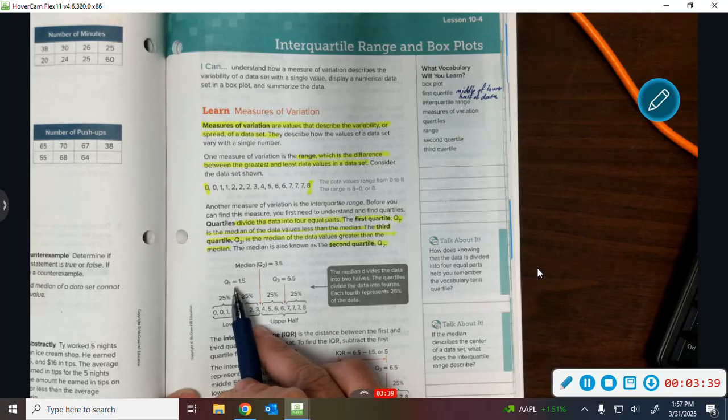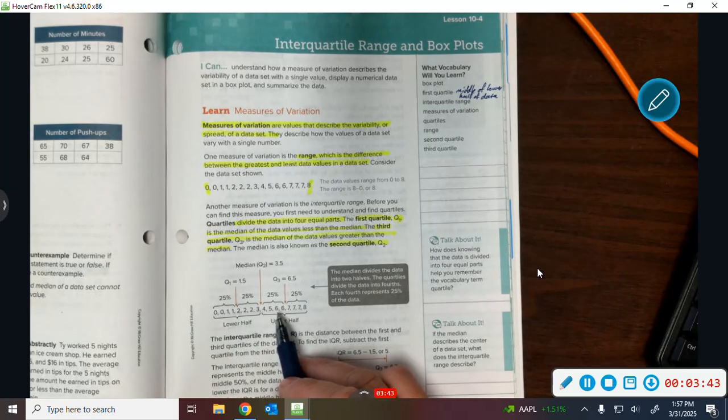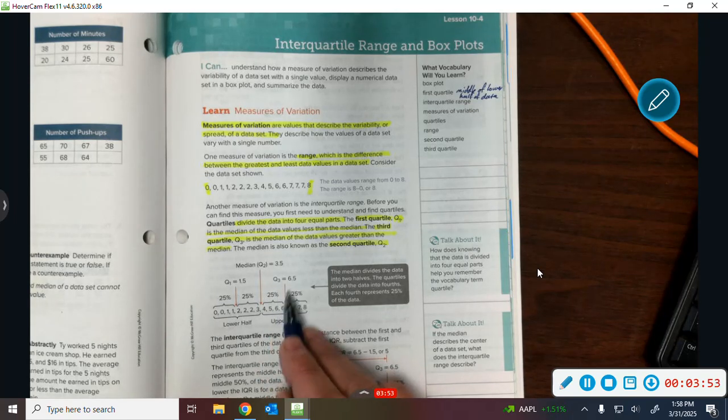That is our Q1, or first quartile, or we can call it lower quartile. Then we have our upper half, from 4 to 8, and the middle of the upper half is our Q3, so that number is between 6 and 7, or 6.5.